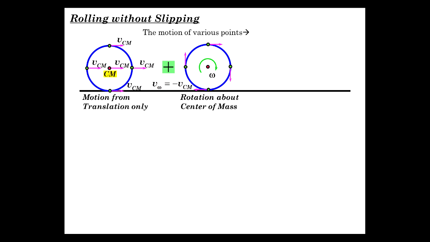So as we observe this, just rotating around, this speed is exactly equal to the velocity of the center mass, but is pointing to the left. So I'm going to call it minus VCM. Up here, we have positive VCM. And on the two sides, we have really the same speed, but directed up over here and directed down here.